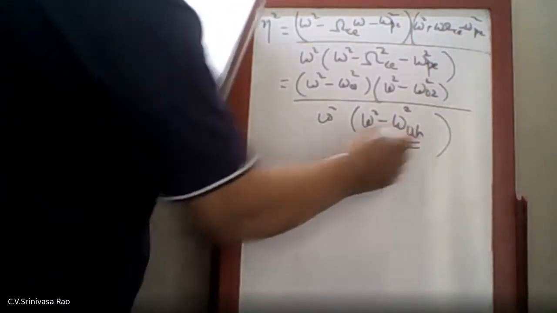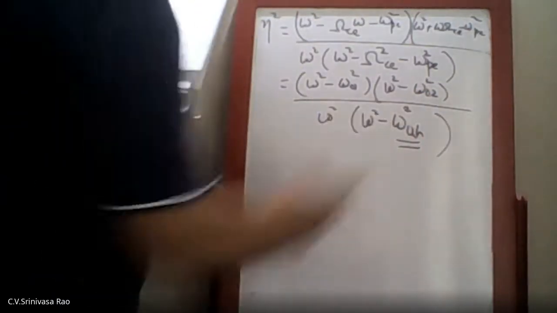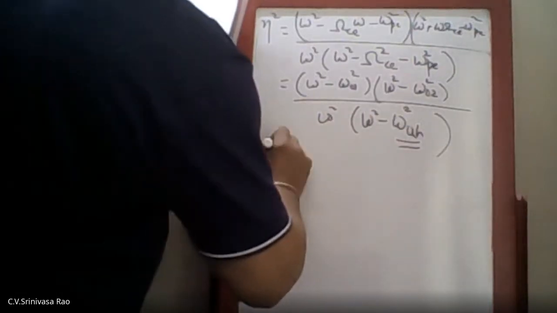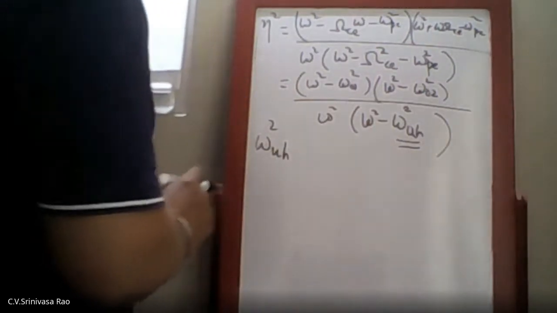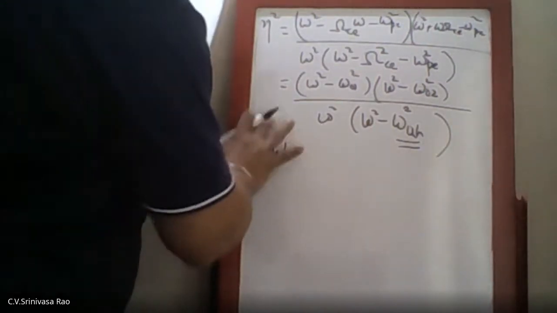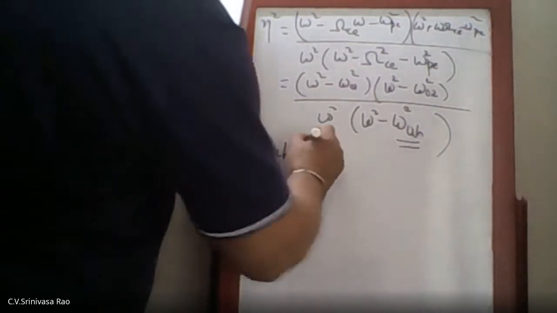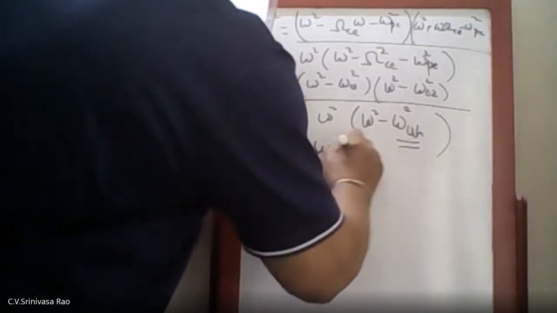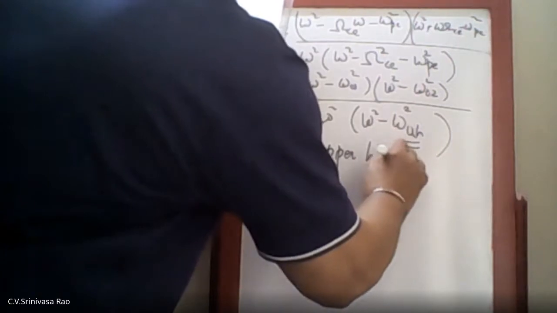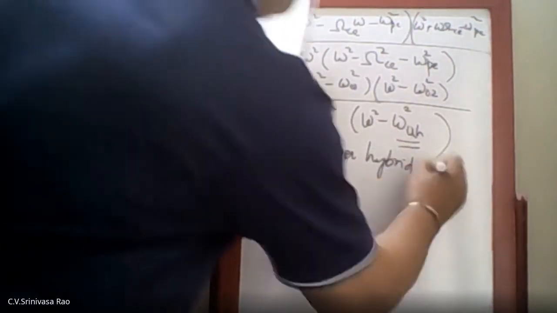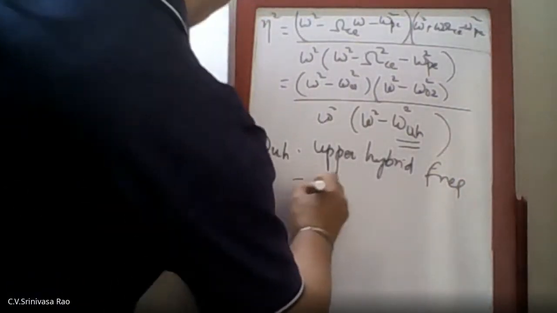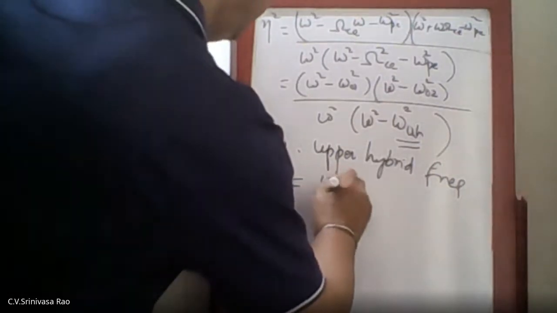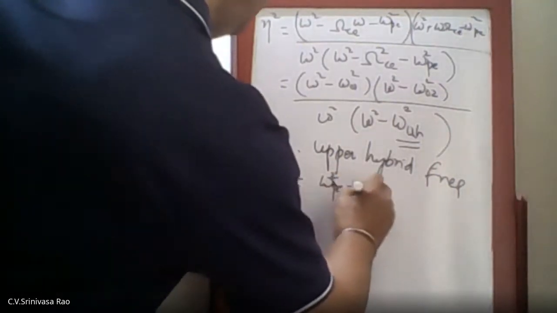Here I have written down omega UH, which is the upper hybrid frequency, defined as the root of omega P square plus omega C square.